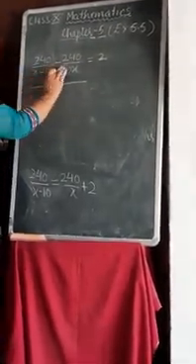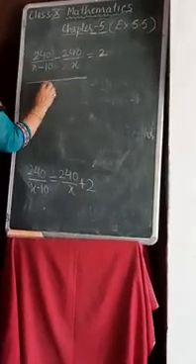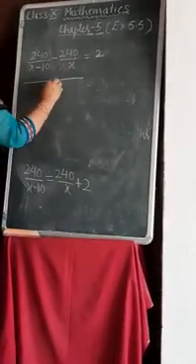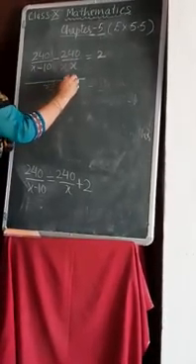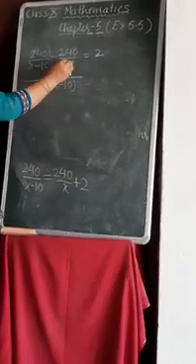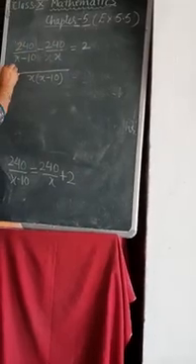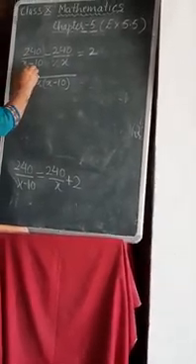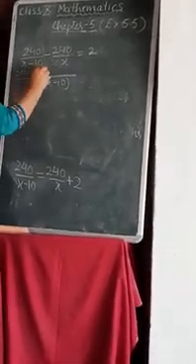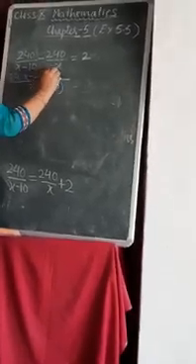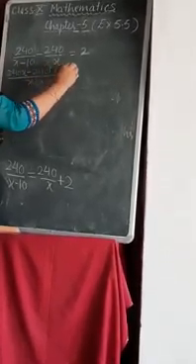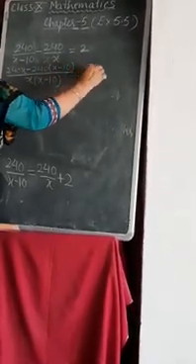When the denominators of two fractions are not the same, their product is the LCM, and we cross multiply the numbers. So it will become 240 into x minus 240 multiplied by x minus 10 equals 2.